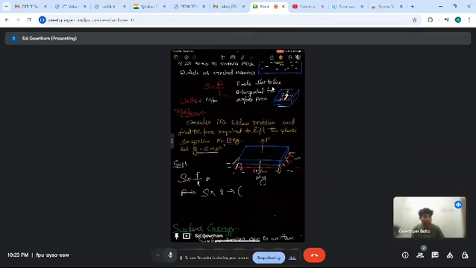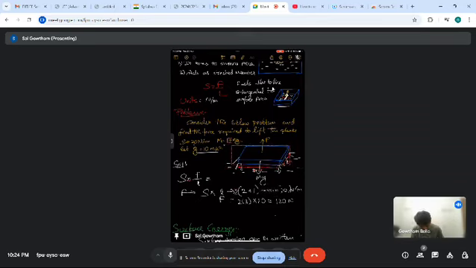Here the length is the perimeter of the slab. It is given 2 meters length and 1 meter width, so the perimeter is 2 into (length plus width) into surface tension, that is 20 newton per meter. F equals 2 into 3 into 20, equals 6 into 20, which is 120 newtons.